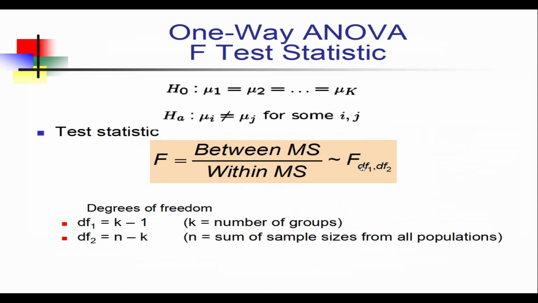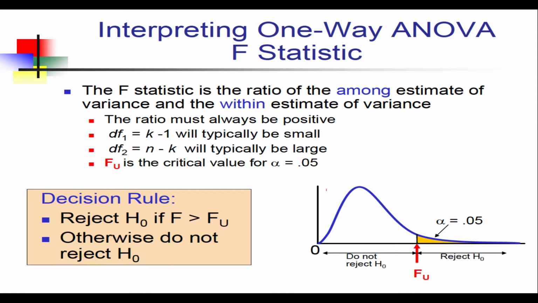Degree of freedom 1 is the degree of freedom for the between group variation. Degree of freedom 2 is the degree of freedom for the within group variation. From that table, you got those two degrees of freedom, right? Under the null hypothesis, the F statistic follows an F distribution with degrees of freedom 1 and 2. So after we know those two parameters, we can give the distribution for this F statistic.